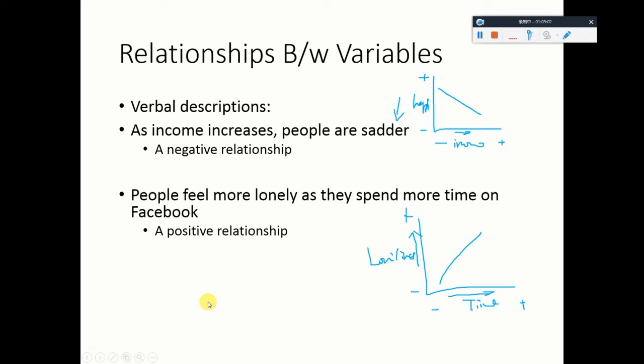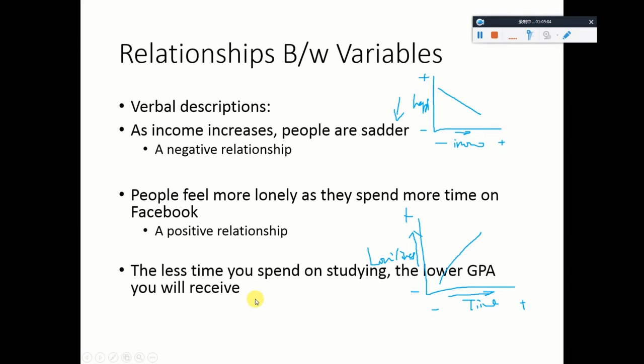Lastly, I believe, the less time you spend on studying, the lower GPA you will receive. What do you think? Is this a positive correlation or, sorry, a negative correlation? The less time you spend on studying, the lower GPA you have. Well, while you're thinking, let me draw out the statement here.